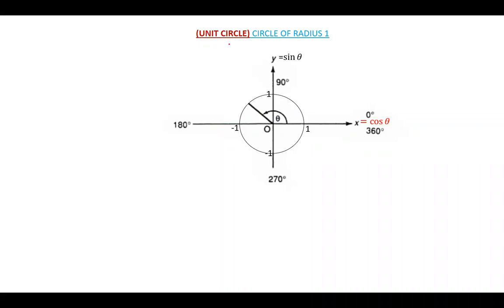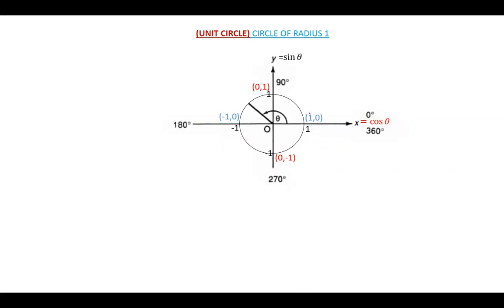So when we say unit circle, we refer to a circle with a radius that has a magnitude of 1. You can see this is how you read the coordinates. This coordinate here is 1, 0. We also have 0, 1 here. We also have negative 1, 0. We also have 0, negative 1.